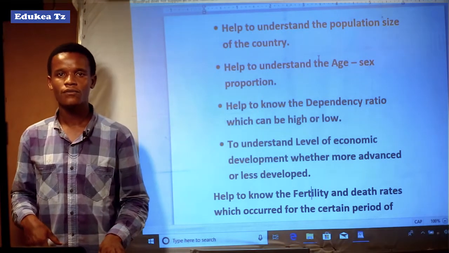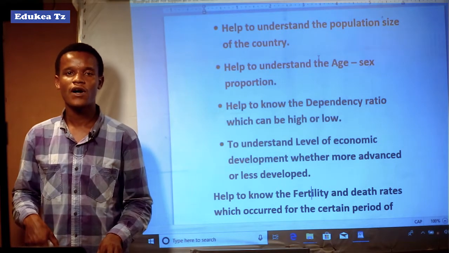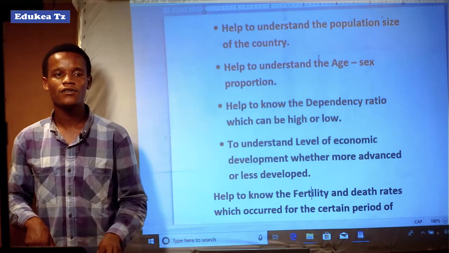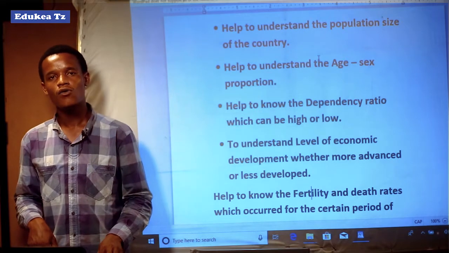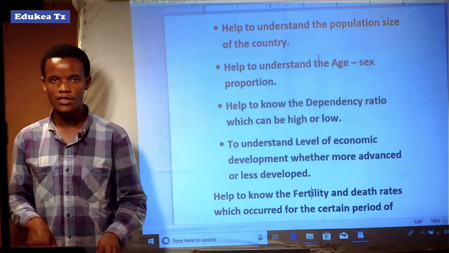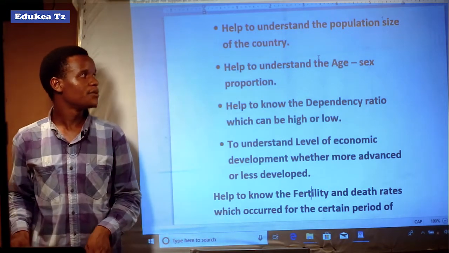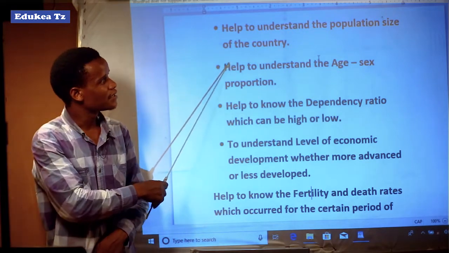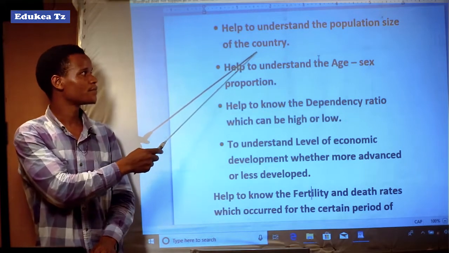For example, in the pyramid there is the category of aging population, those people aged 64 and above. It can be large compared to the children born from 0 up to 5 years. So the pyramid plays a great role in showing the age-sex structure and size of a certain population.